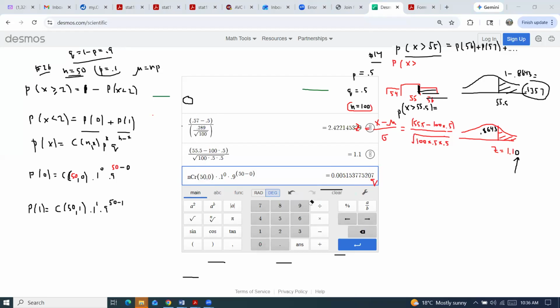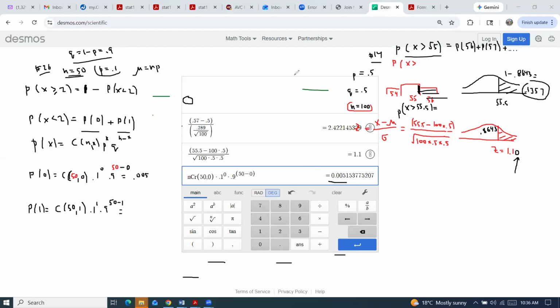This is really a problem from chapter 4, but my goal is to still do it to show you, to confirm that approximations are good. So what's 0.005 approximately, right? 0.005. And then the other piece.